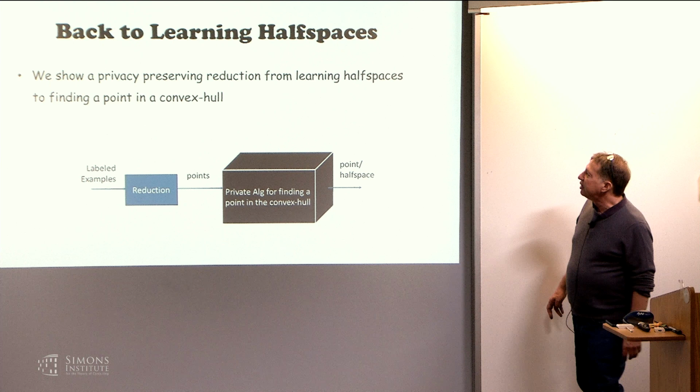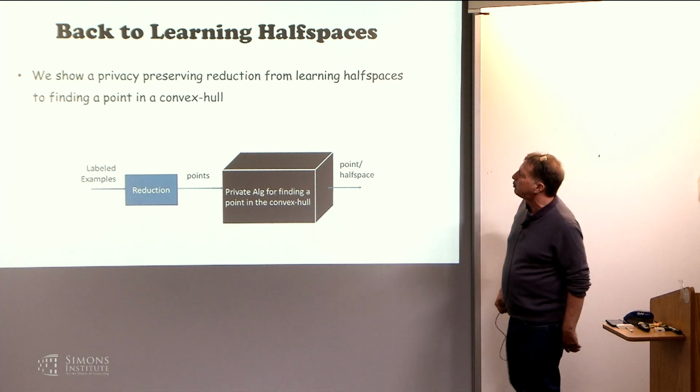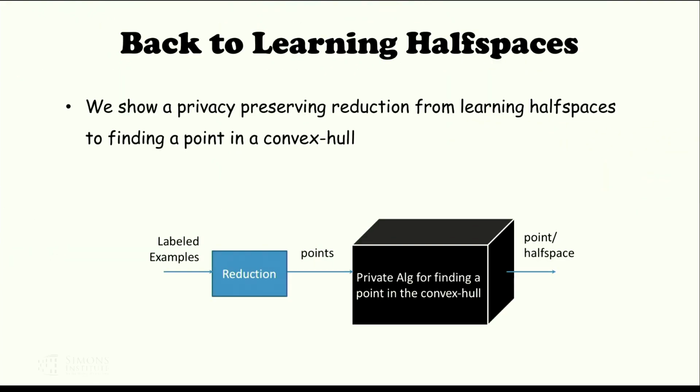We want to learn half spaces by showing a privacy-preserving reduction from learning half spaces to finding a point in the convex hull. So we have a private algorithm for finding a point in the convex hull. We use it as a black box. We will have a reduction which takes a set of labeled examples and constructs a set of points, feeds this into the algorithm.